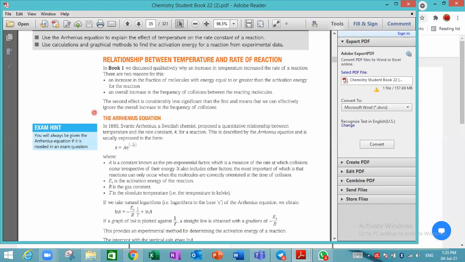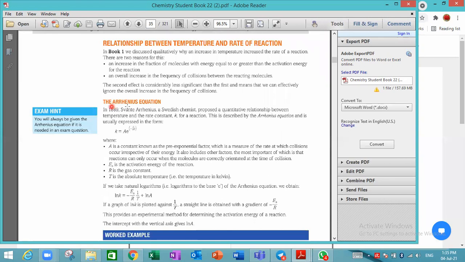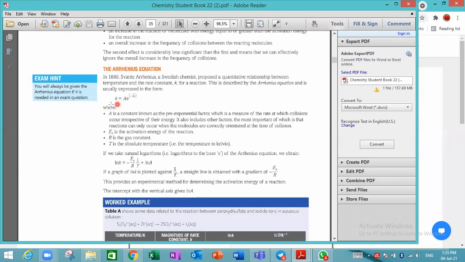Now, there is an equation that is called the Arrhenius equation. Arrhenius was a Swedish scientist who found out the relationship between temperature and the rate constant k. His equation says that the rate constant k equals A e to the power minus Ea over RT.